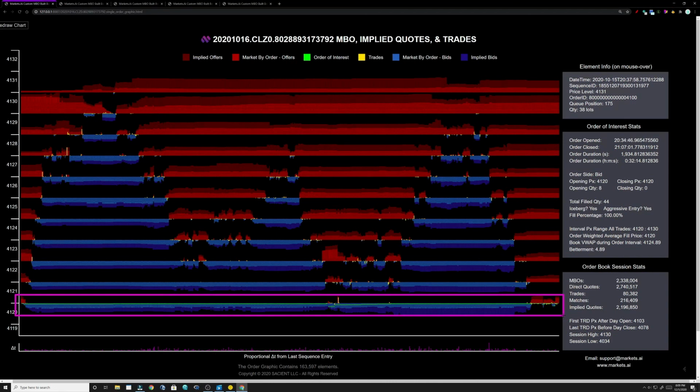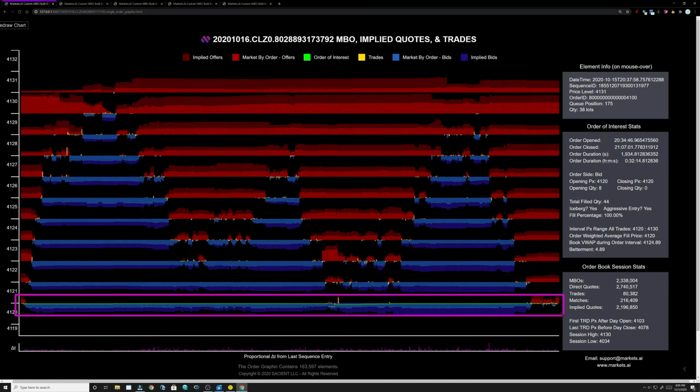Now, from a trading perspective, and you need a little bit larger view of the entire order book over a longer period of time, but if you get in sync with the volatility that's moving through the market, you can have a relatively high confidence level that it will return. And this person ended up showing a betterment of close to 5 ticks over the VWAP for the order interval.